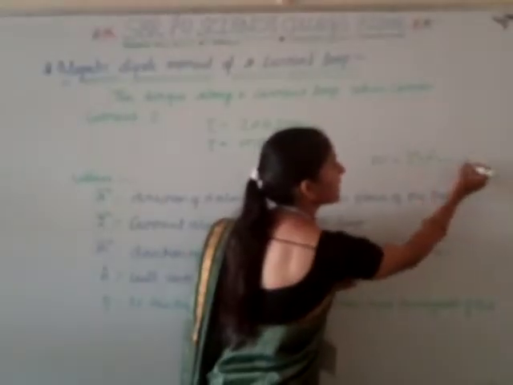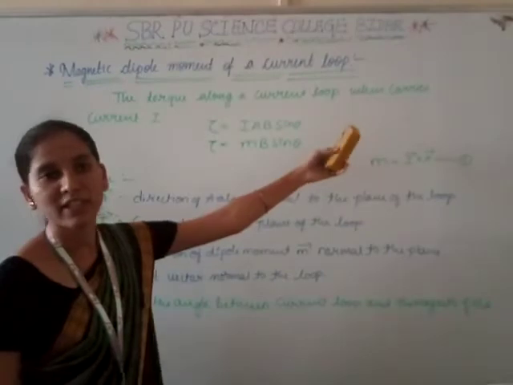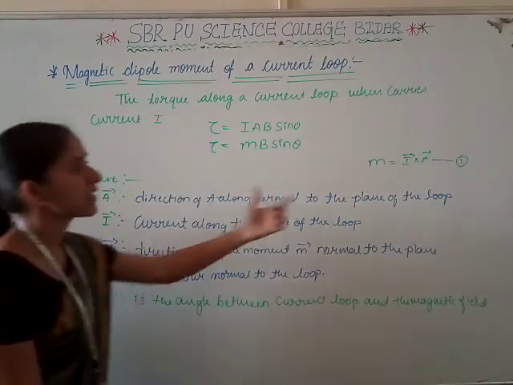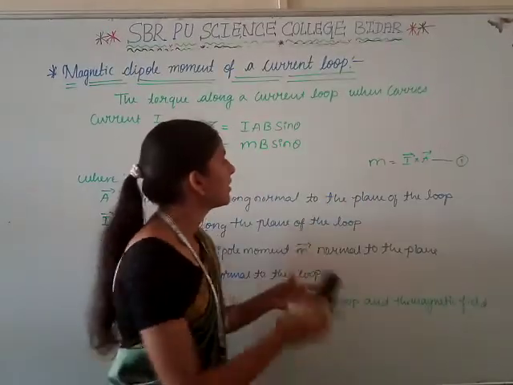Consider this as equation 1, which we wrote after the definition of the magnetic dipole moment.